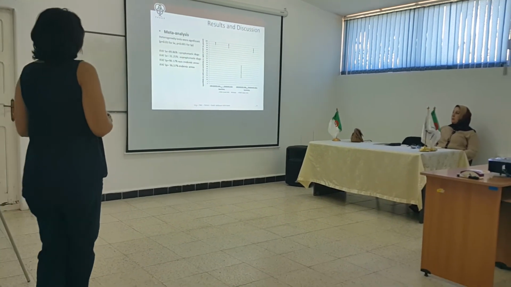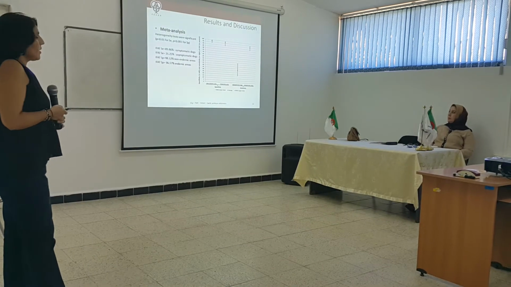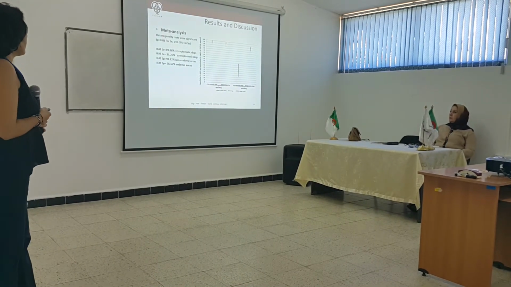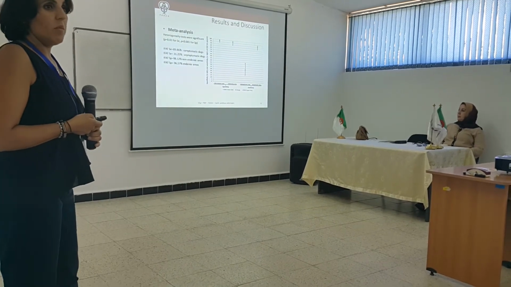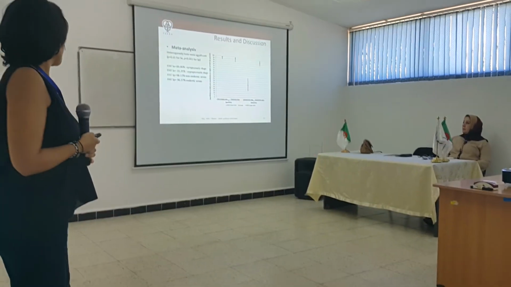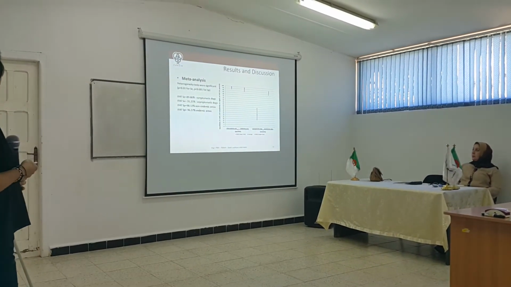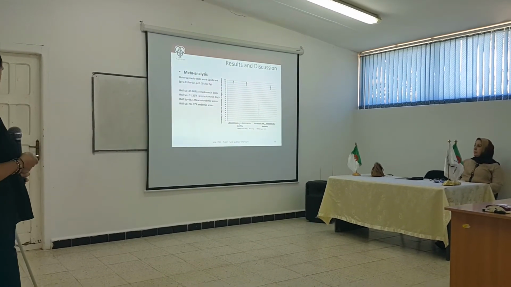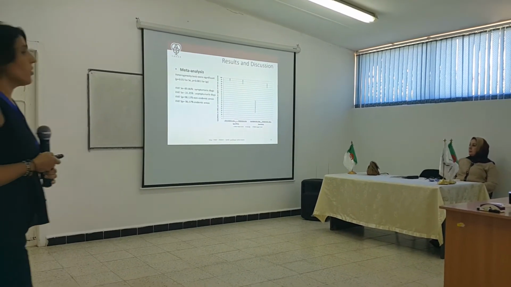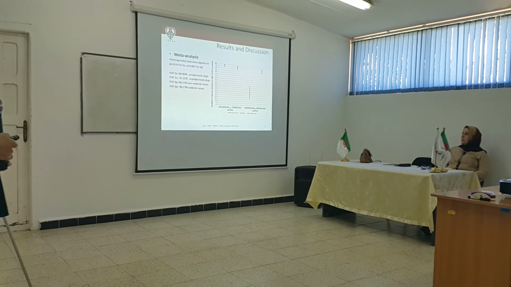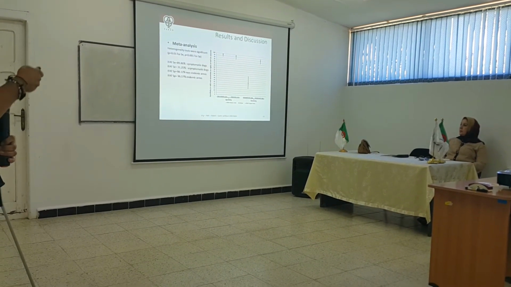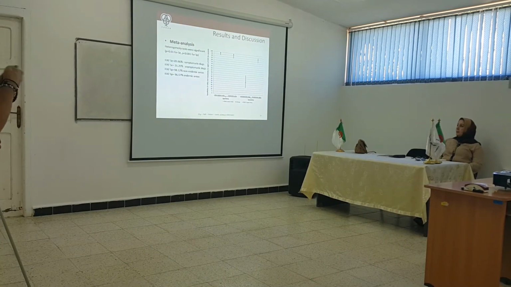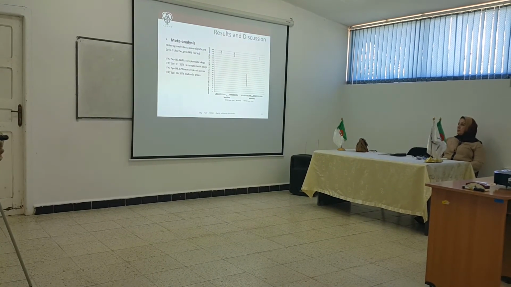Our results about the meta-analysis: the heterogeneity tests were significant, which means that there was variability between the studies. The sensitivity of EFAT in symptomatic dogs was 89.86%, but in asymptomatic dogs it was 31%.